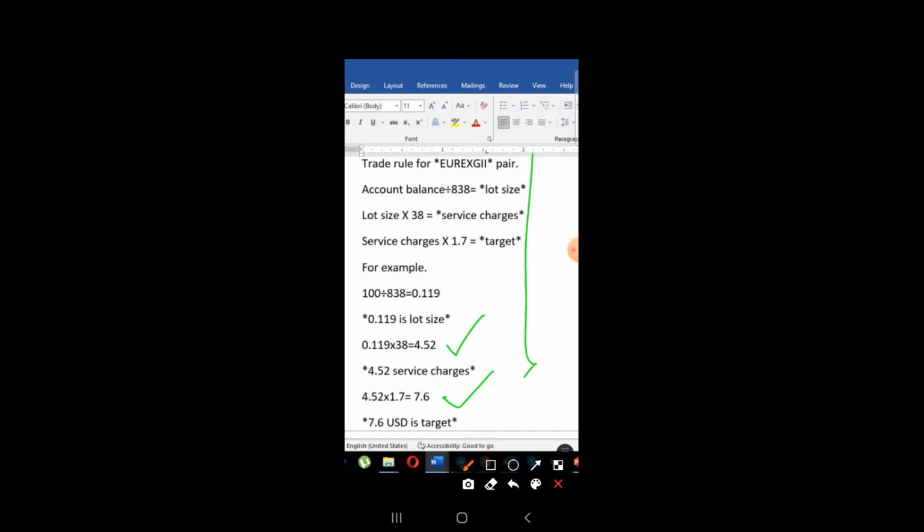Same example, but I am calculating according to my own account balance of 453. The formula and calculation are the same for every trade. You follow and trade, and book your profits in time.